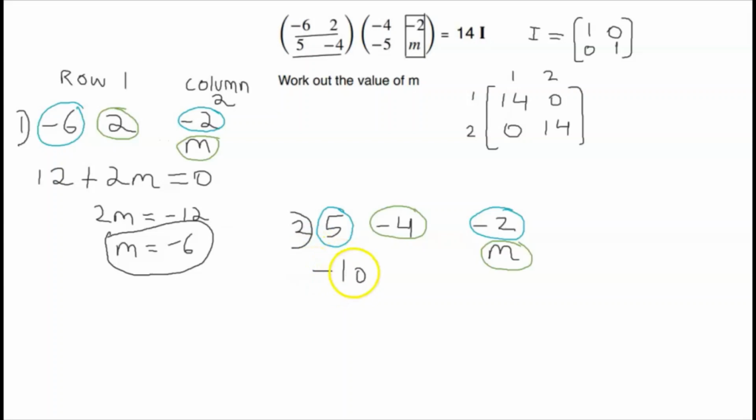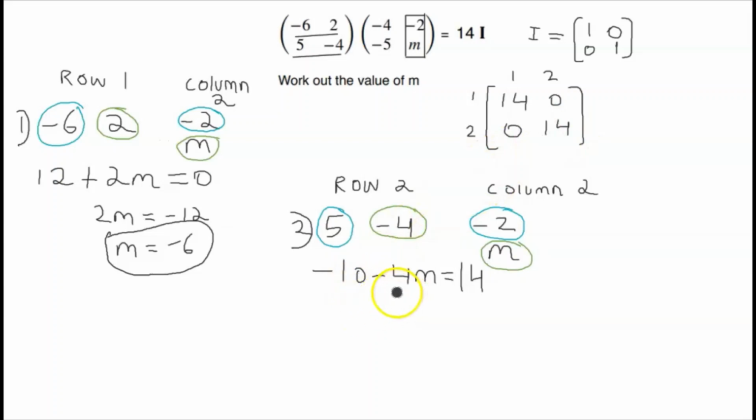So now if I times these together, I'll get -10 - 4m, and that will give me, well, this is row 2, and this is column 2 like before. Therefore this would equal 14, because the corresponding row and column on here is 14.